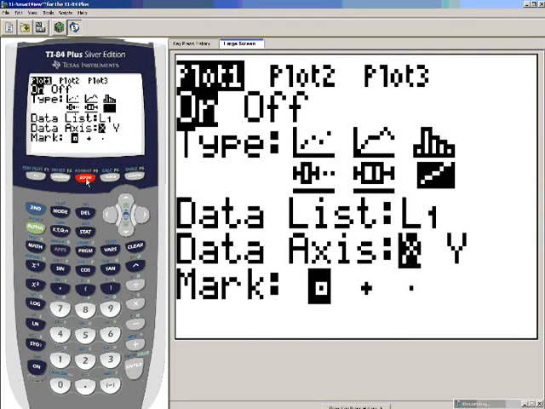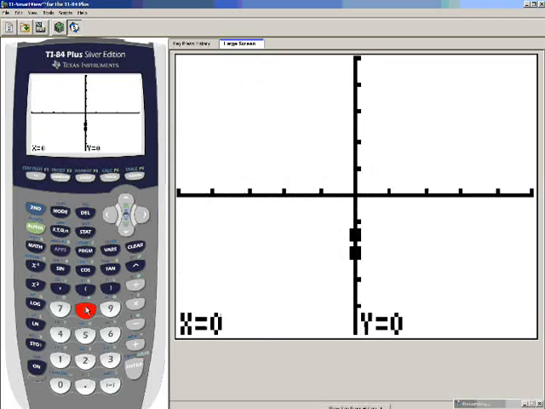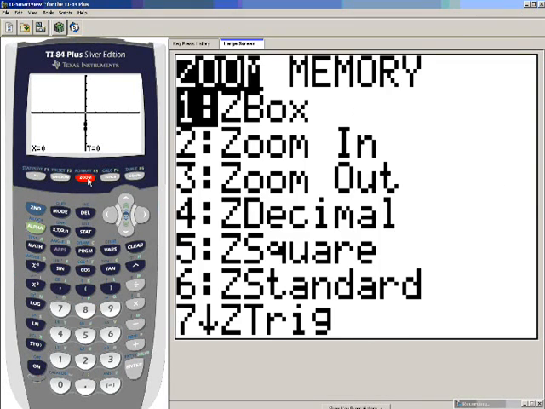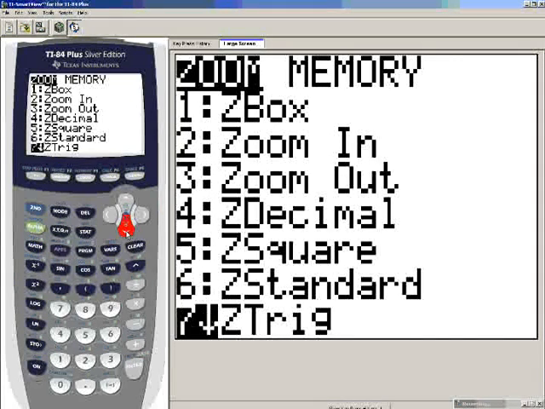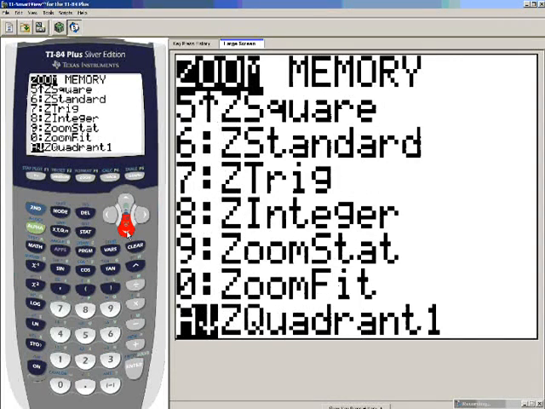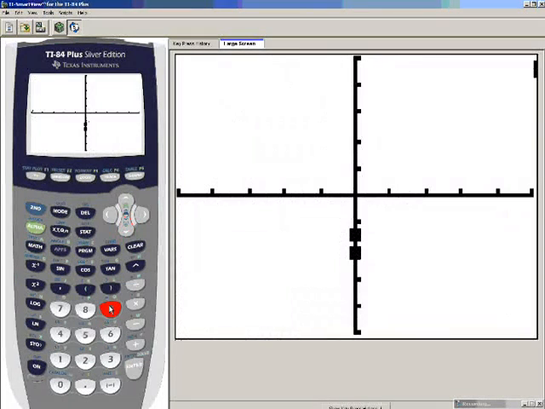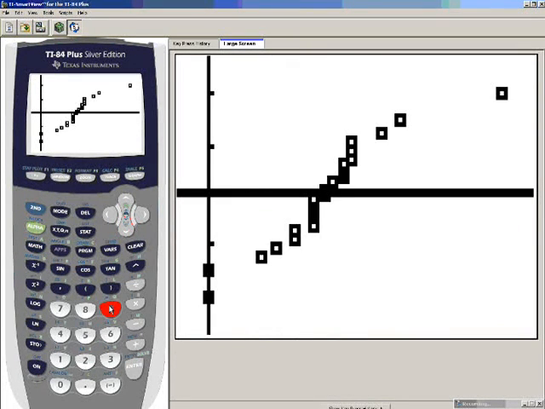Go zoom stat, which is zoom 9 on this one. Okay, there's our normal quantile plot or normal probability plot.